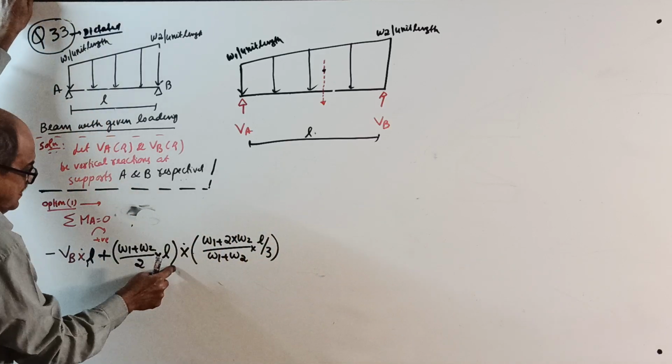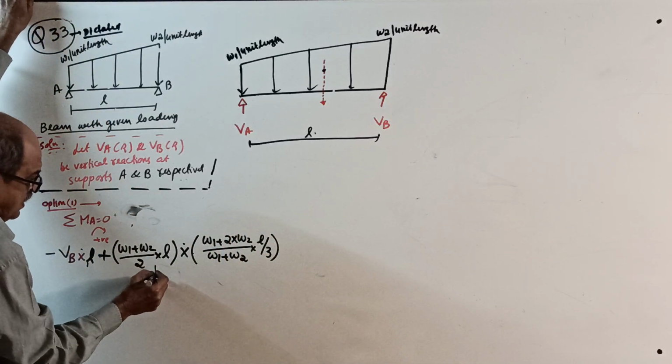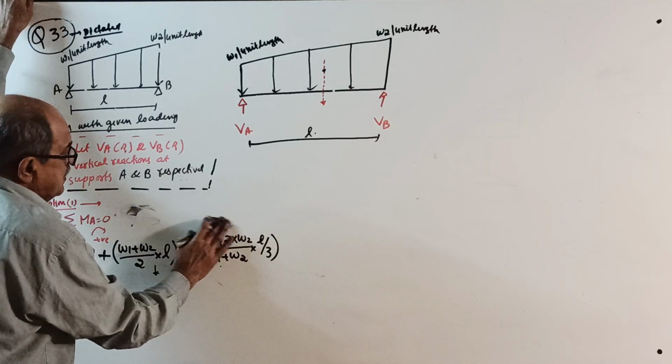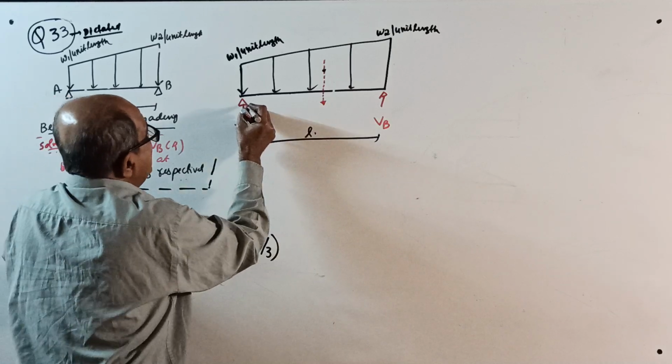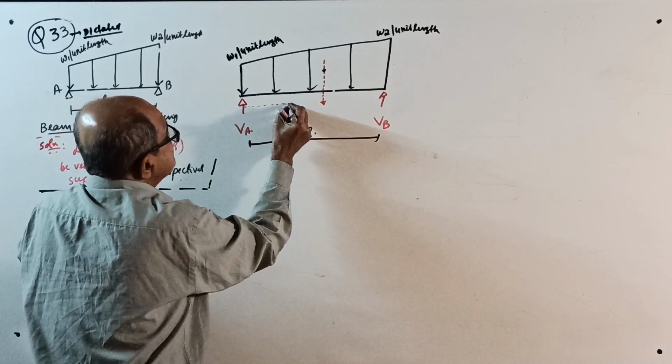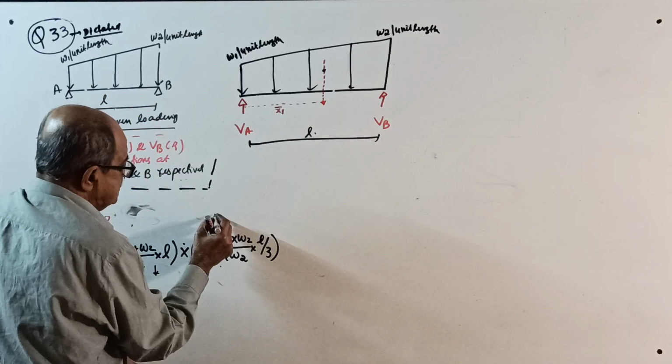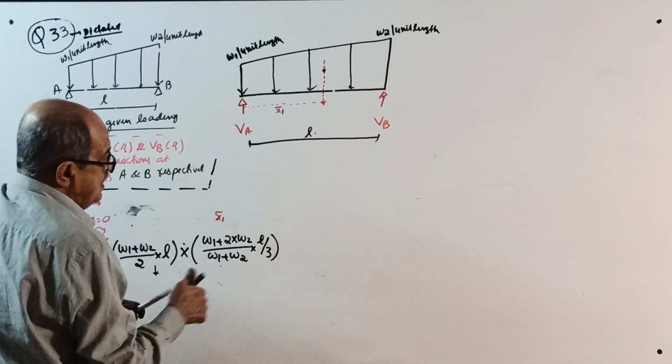This is the total load downward. This is that X bar, or X1 bar, that I explained. Equal to 0.